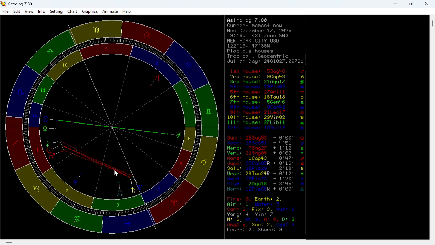This means reversal. What else I have here? I have Uranus and the moon in opposition. What does that mean? Reversal. Well, guys, I don't know about you, but I can see right now that the price of gold is dropping.